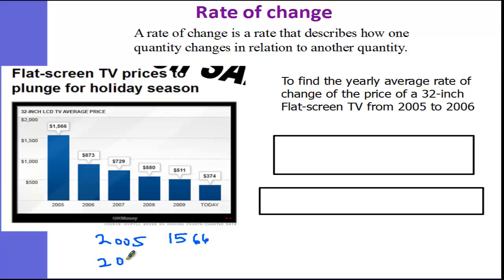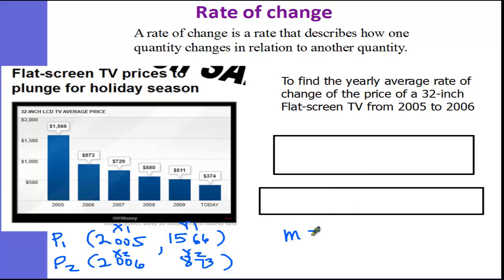Year 2006, the price is 873. If I represent this as my first point, so this is my x1, y1, and this will be my second point, x2, y2, then use our formula y2 minus y1 over x2 minus x1. We will be able to find the rate of change.